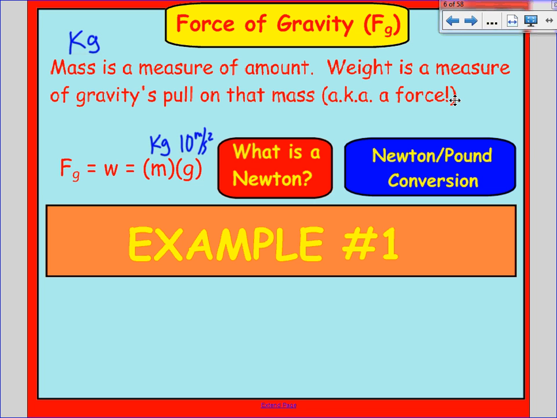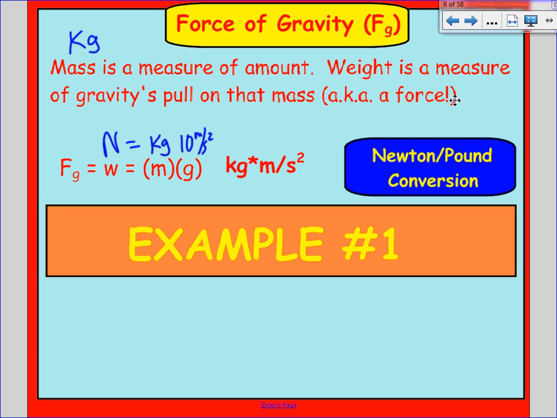In other words, what is a newton? Because we know forces are measured in newtons, but notice what that breaks down into. A newton is just a kilogram times meter per second squared. Because if you take your mass times your acceleration, those are the two units that together make up a newton. That'll come in handy later on. We'll want to remember that a newton is equal to a kilogram times meter per second squared.